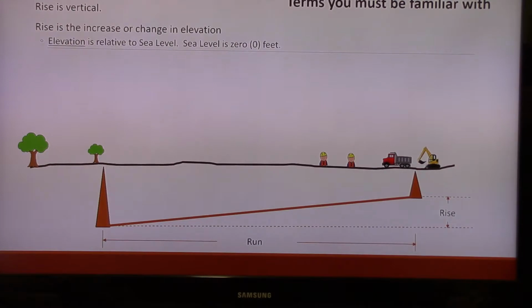The rise is vertical, and the rise is the increase or the change in elevation. The elevation, of course, is relative to sea level, and the sea level in this particular case is 0 feet. The run is the horizontal. So the rise is the difference between the invert elevations of the two manholes, and the run is the distance between the two.